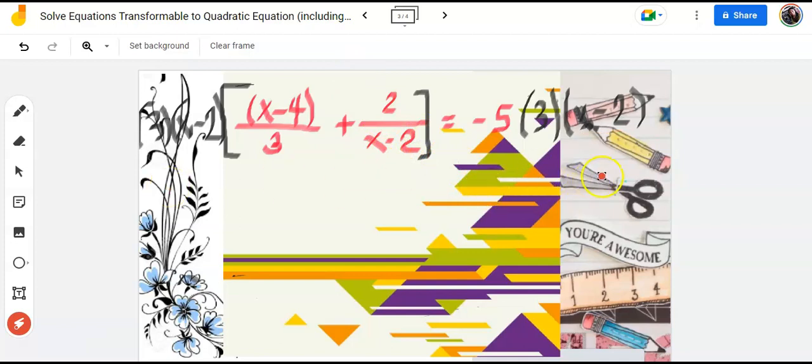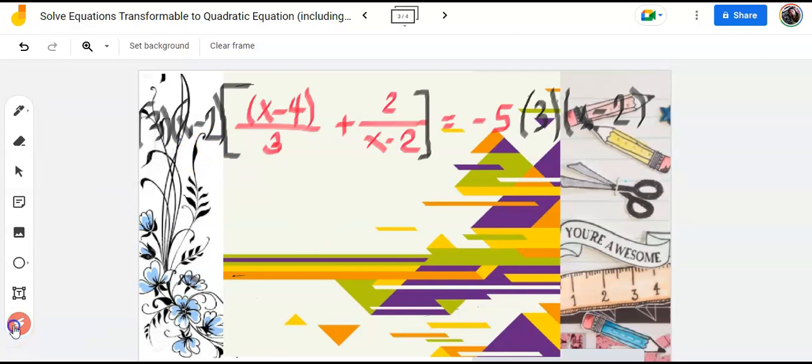And usually, to get the LCD, we just multiply the denominators. Right? So just write factor 3 ug ang factor x minus 2.